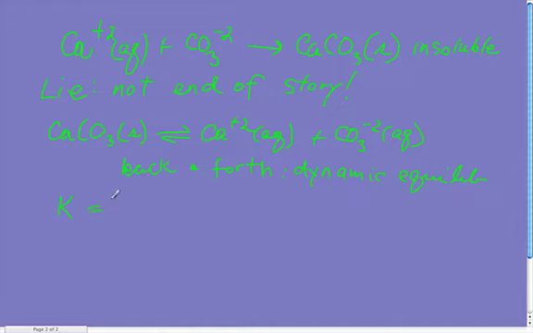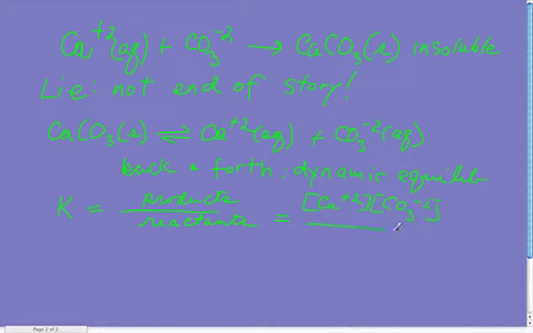So the equilibrium constant K is the products over the reactants. The products are soluble ions, and the reactants are solids, so only the products appear. In this case, it's called a Ksp, the solubility product, because it's really just the product of the calcium ion concentration times the carbonate concentration in the numerator, and in the denominator, there's 1.